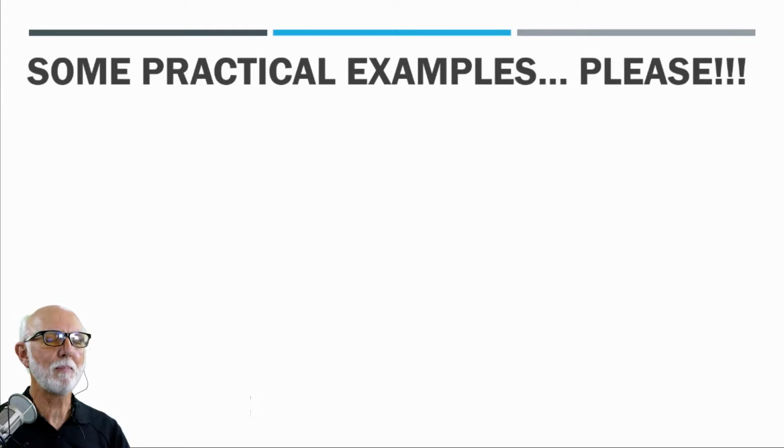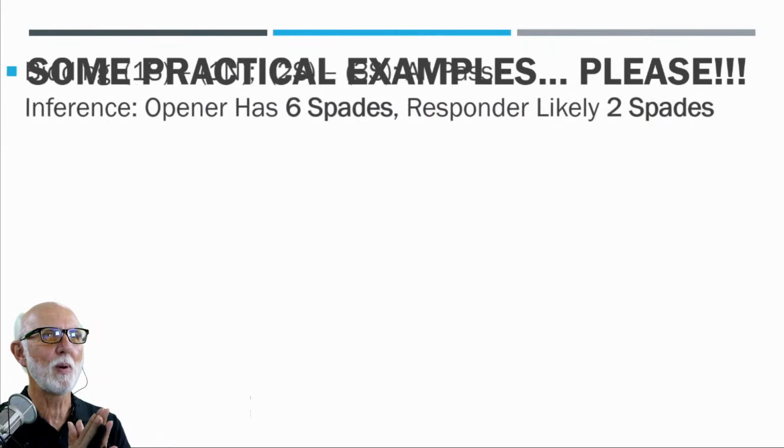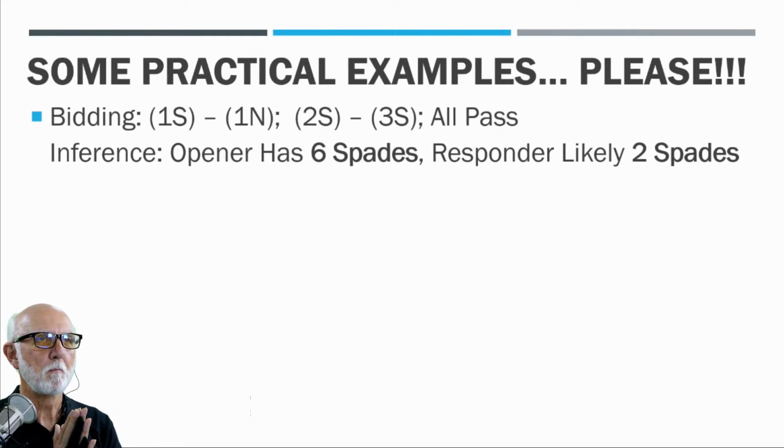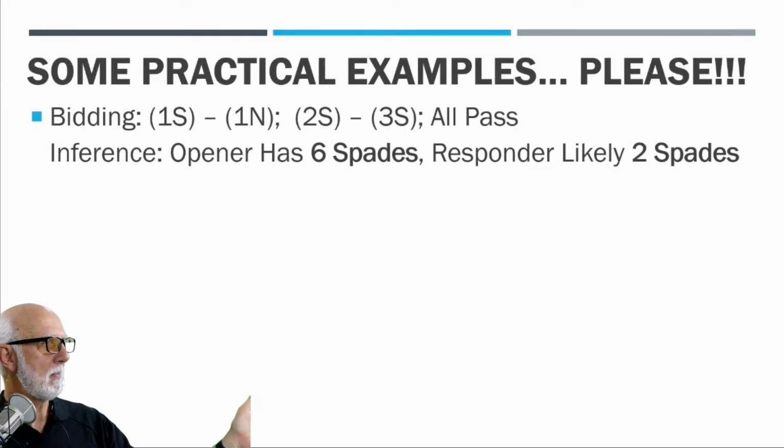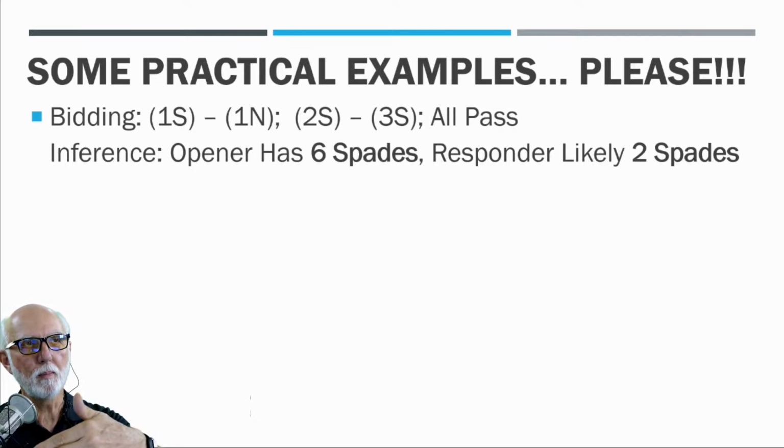Okay, some practical examples. Let's go ahead and start taking a look before we head to the table. Bidding. The opponents, in parentheses. Our lefty bids 1 spade. My partner passes. Righty, 1 no trump. Okay, are you starting to get a feel? We know that we don't have much in our hand. The opponents, this is their hand.